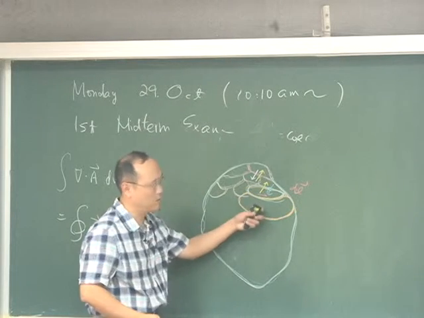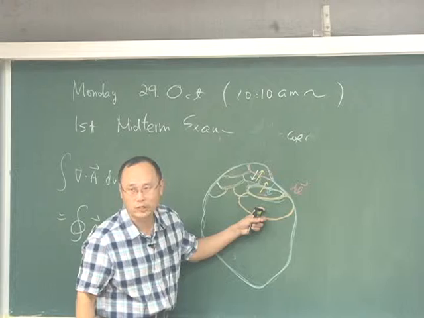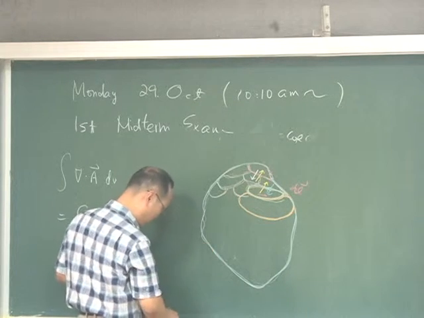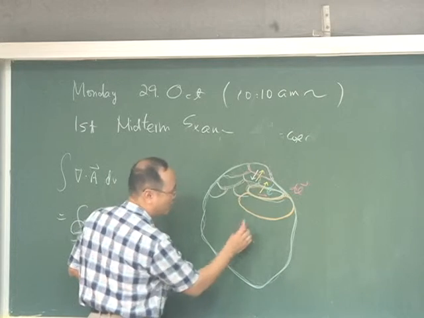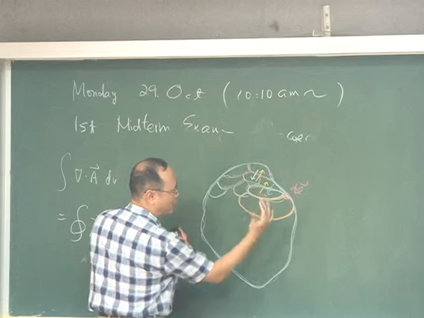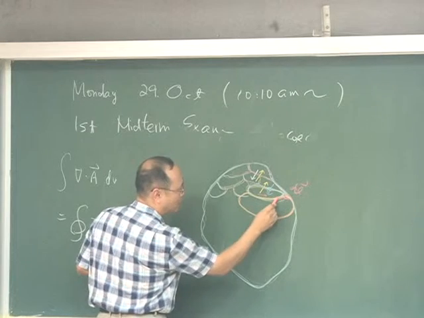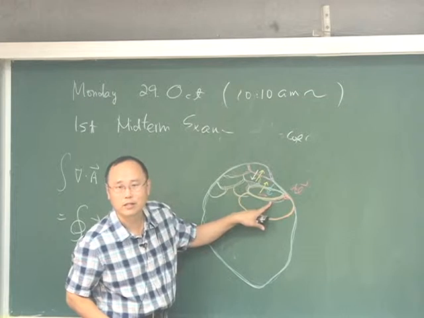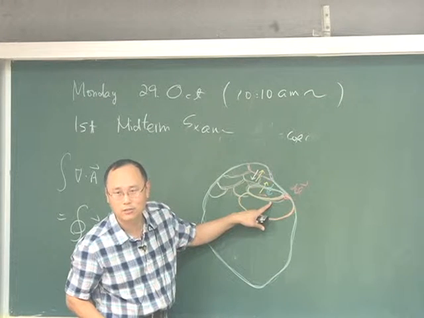But for this small surface, if you apply the right-hand rule again, then your dl is going to go like this. And then you look at this vector and this vector. They are going in opposite directions.